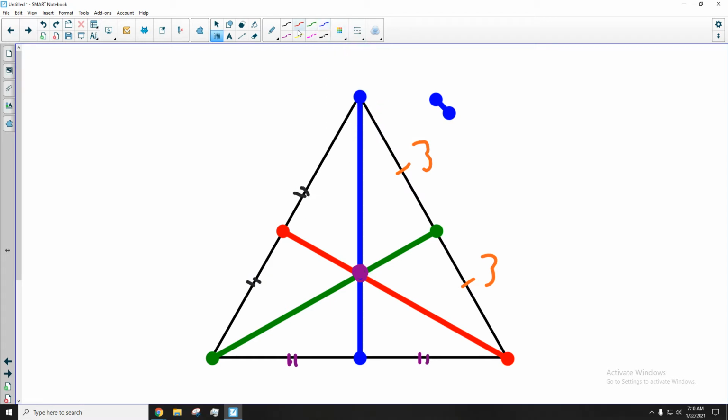So the main thing I want to talk about, because I feel like people are fine with dealing with midpoints, is that if we take a look at the median itself, this smaller portion of this green line is always going to be half the length of this. So if this was, let's say, 10, this would have to be 5.